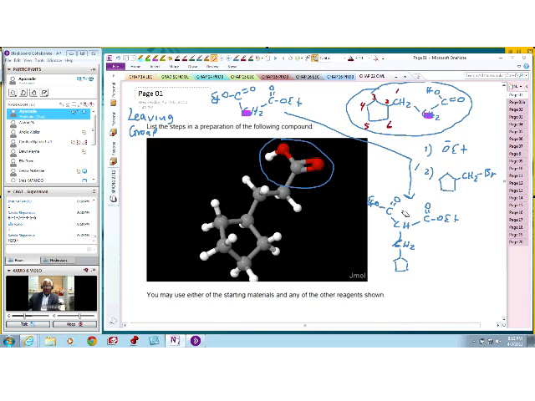Okay, hydrolysis. Very good. We are now going to do our hydrolysis, and the hydrolysis will convert the ester functionality right here to a carboxyl group.